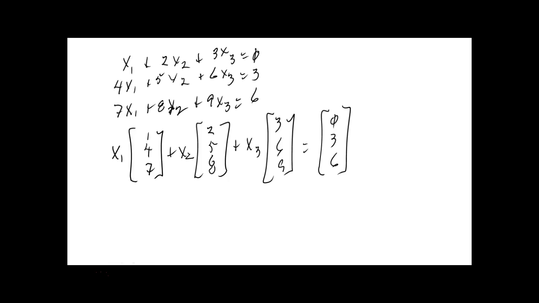Now, using Gaussian elimination, you can show that this system has infinitely many solutions, one of which is this. Okay? Now, for Gaussian elimination, you'd have to go back to your augmented matrix and do it.